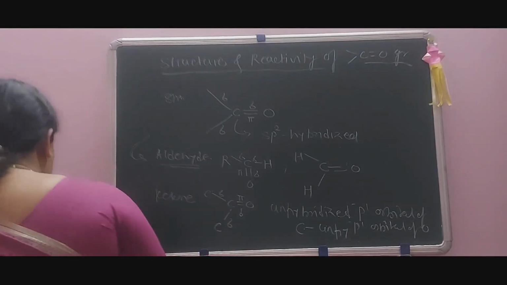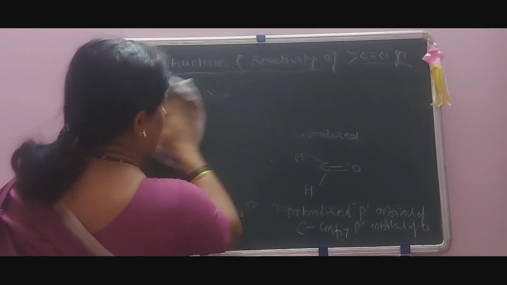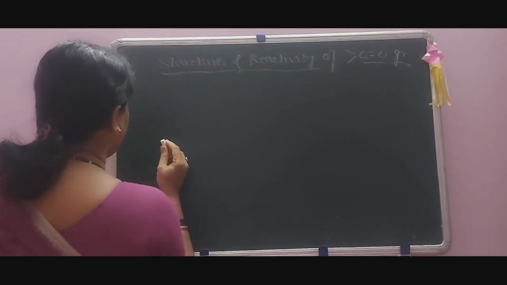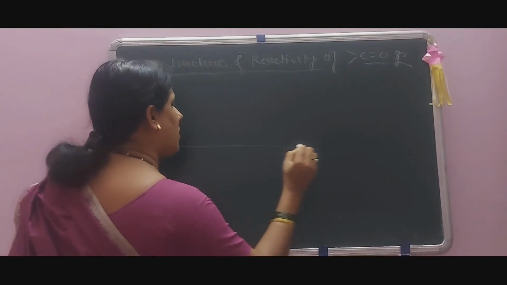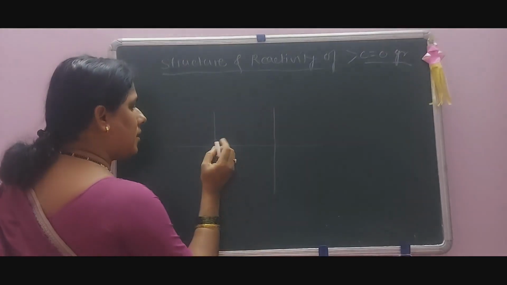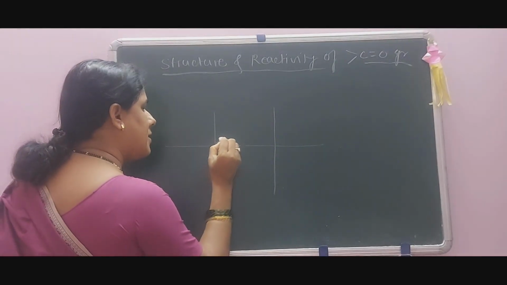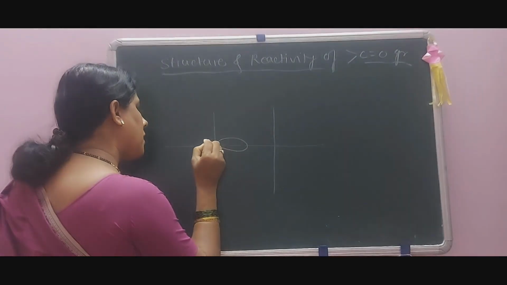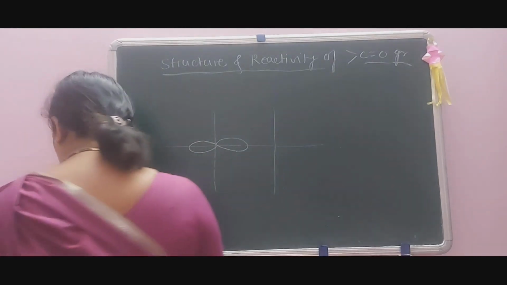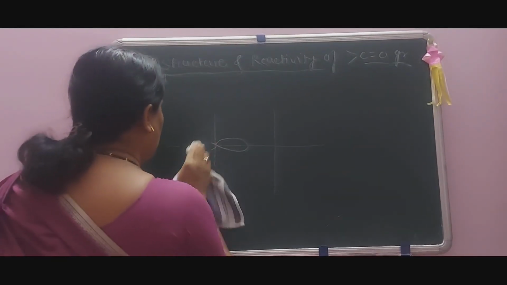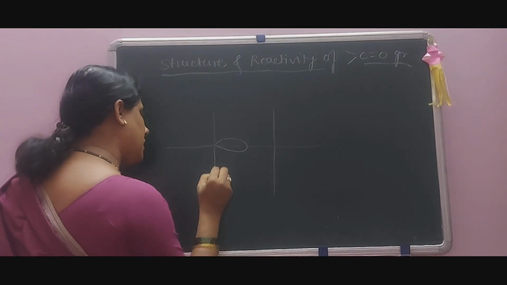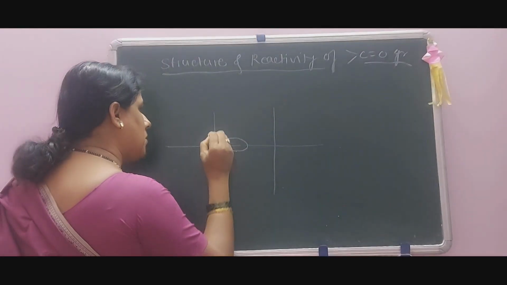See here what bond formation takes place and how it takes place. This is the internuclear axis. Here you can make the diagrammatic representation, and we have to show it in terms of lobes also.